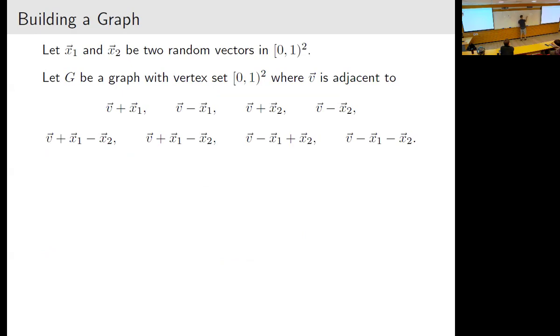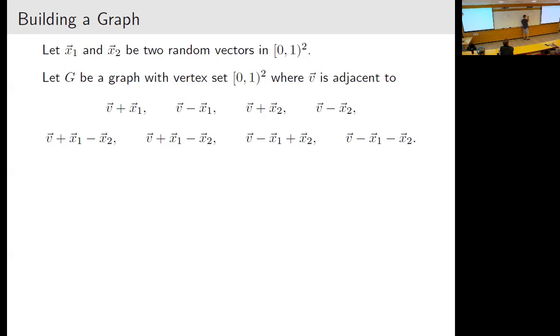Let's say I've got some vector v in the torus. To describe a graph, I have to say what the neighbors of v are.